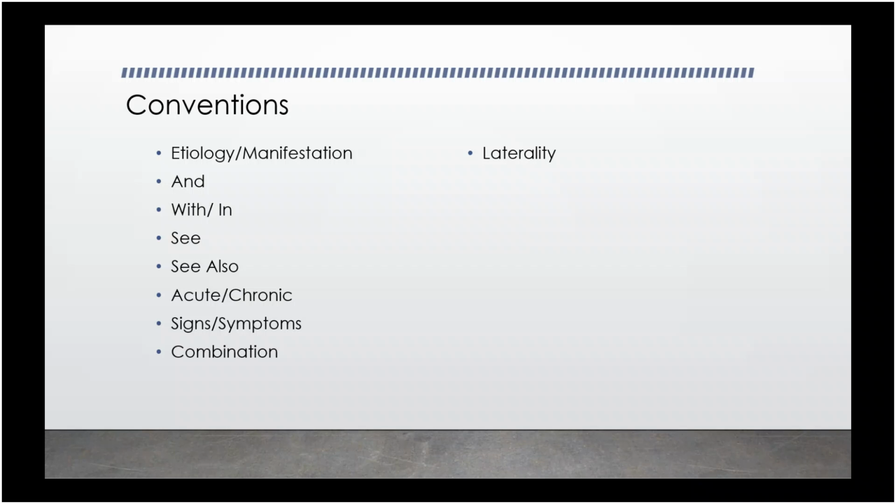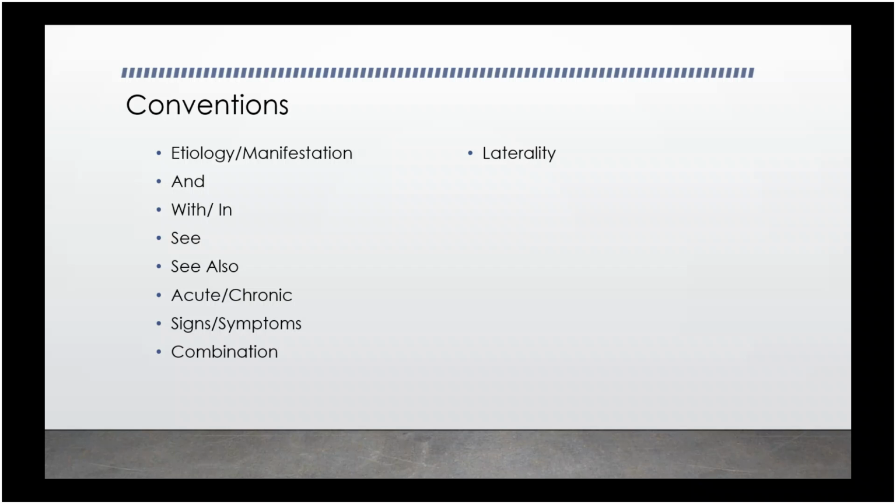Acute and chronic conditions. With acute and chronic conditions, for the conditions that are listed in the alphabetic index, and you have the indented terms for acute and chronic at the same indentation level, and there's not a combination code, you're going to assign an acute and a chronic code for that condition, with the acute being sequenced first.